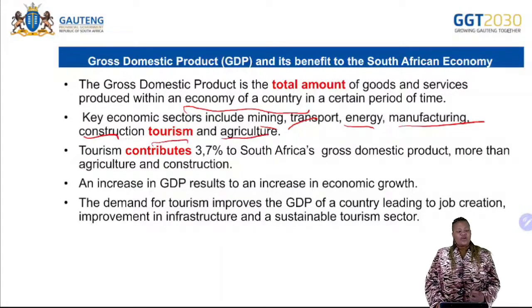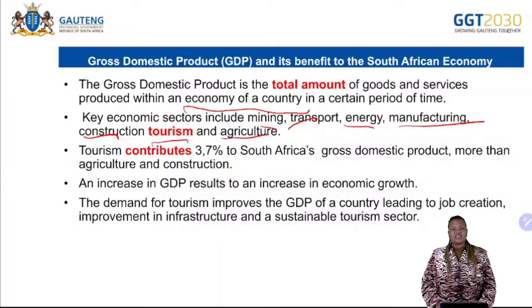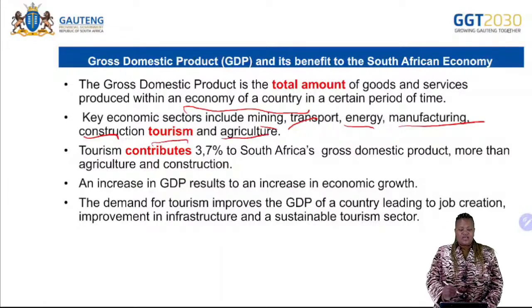So what's very important that you need to understand as grade 12 learners is that tourism is also included when the GDP is being calculated, meaning that tourism is very important. It generates money for the South African economy, and tourism is included when calculating the gross domestic product.